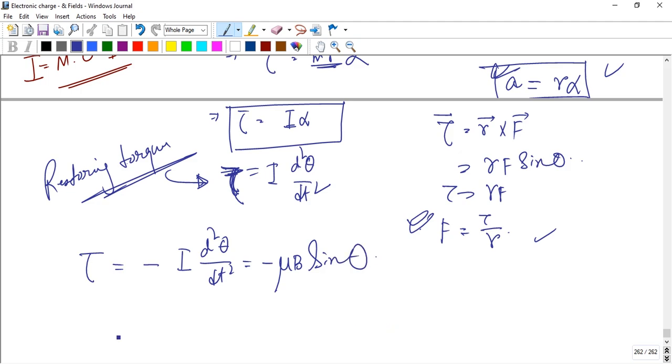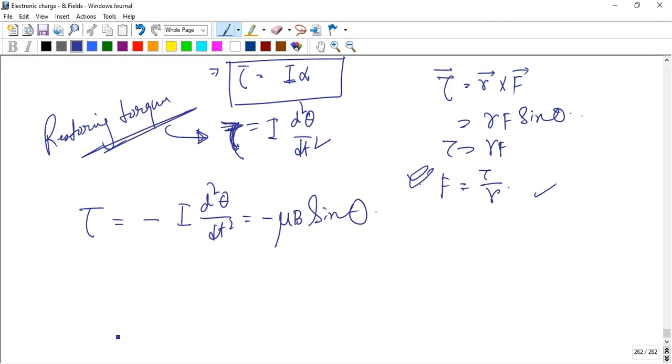Okay, so the tau is obviously minus, not the other. So finally sine theta is approximately equal to theta.